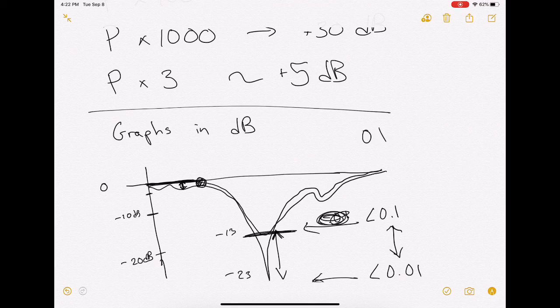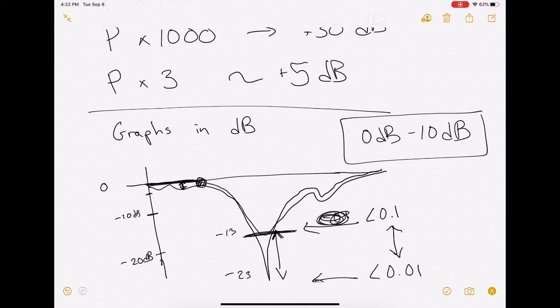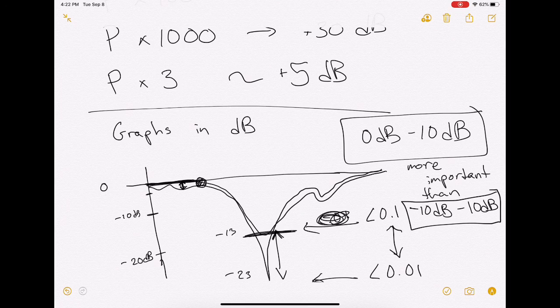So 0 dB minus 10 dB is more important than minus 10 dB minus 10 dB. Which is kind of weird because we're used to a linear scale where those two differences would be equivalent. But in this case, a lot of the time, they're not, and it's important to consider the context.